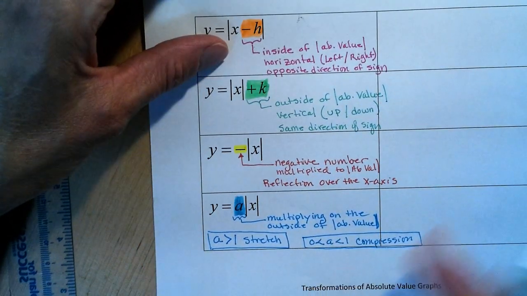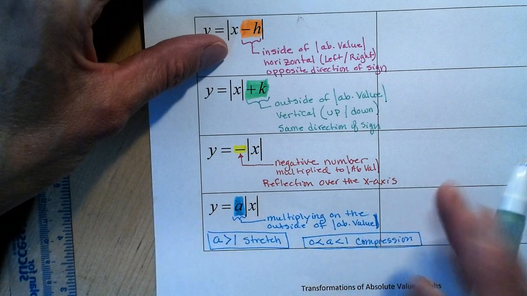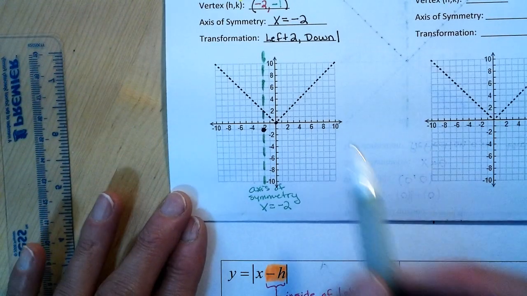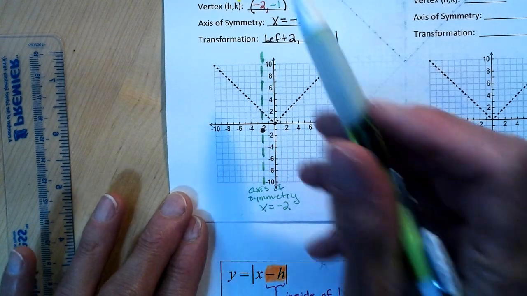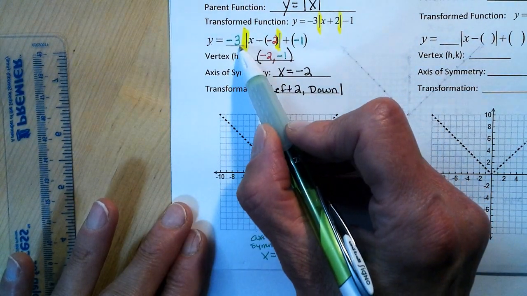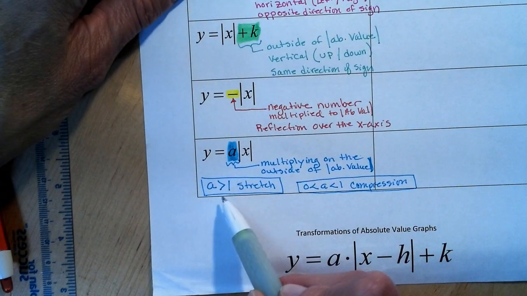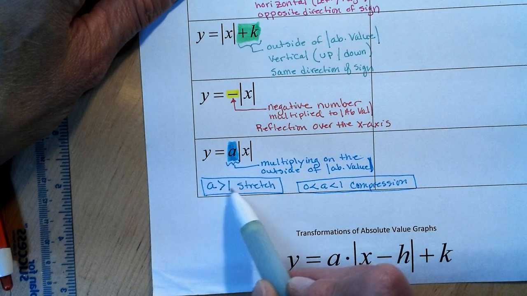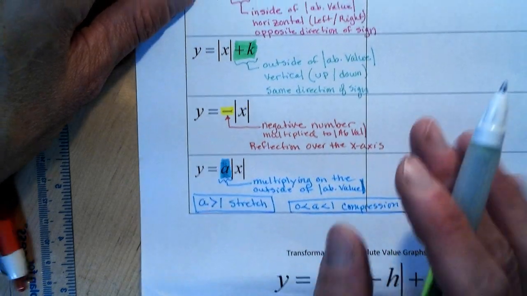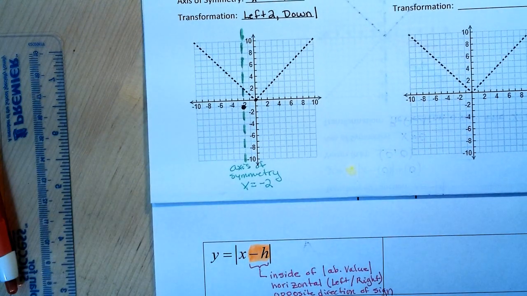If I look here, a negative reflects the function over the x-axis, which means this is probably going to be upside down. And what does the 3 do? Well, if I look here, is 3 bigger than 1? 3 is bigger than 1, so that means we have a stretch, which means my function probably gets skinny.